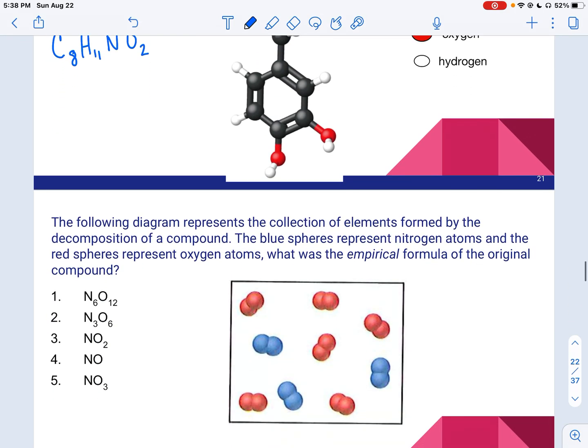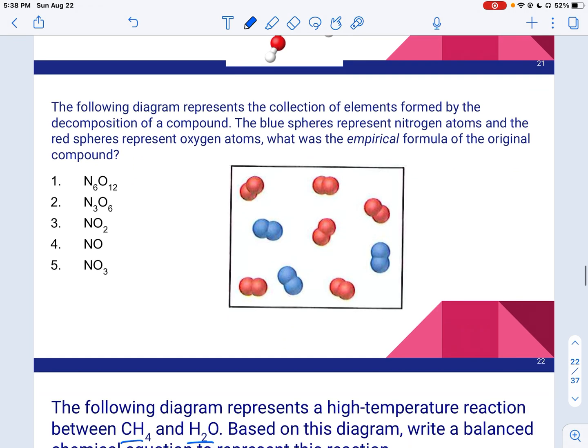Now let's get into what some of the questions might be. So here's a question still based on a molecule, but also has a little reaction twist. So what this is saying is that this is the product of decomposition.